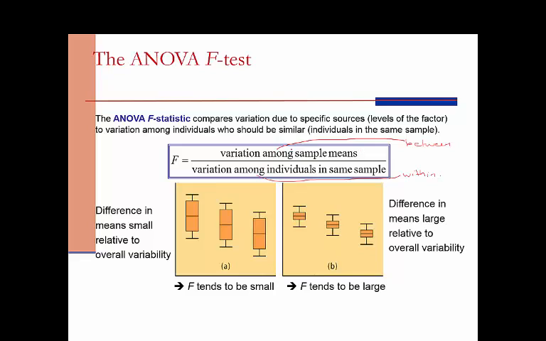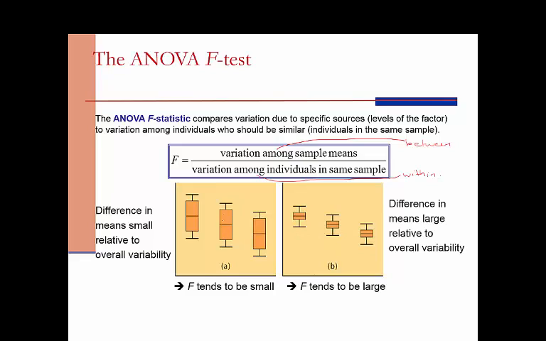So if we keep the numerator the same, the variation between the means is the same, but the variation within the groups differs. In this case the spread is larger, so the denominator is going to be larger in A than in B.